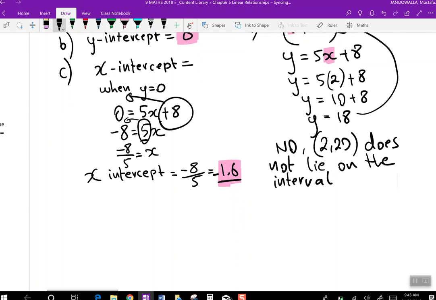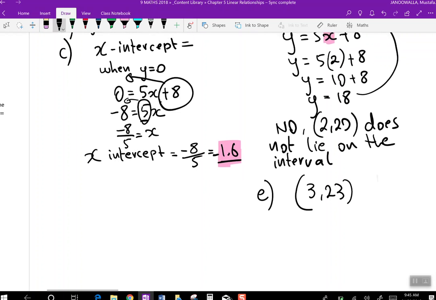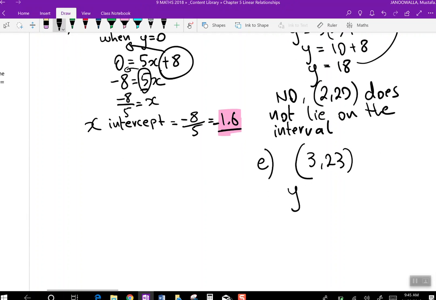All right, part E. Again, you've been asked, do the coordinates (3, 23) lie on the interval? What you do is, again, write your equation. y equals 5x plus 8. So where I have x, I put 3.